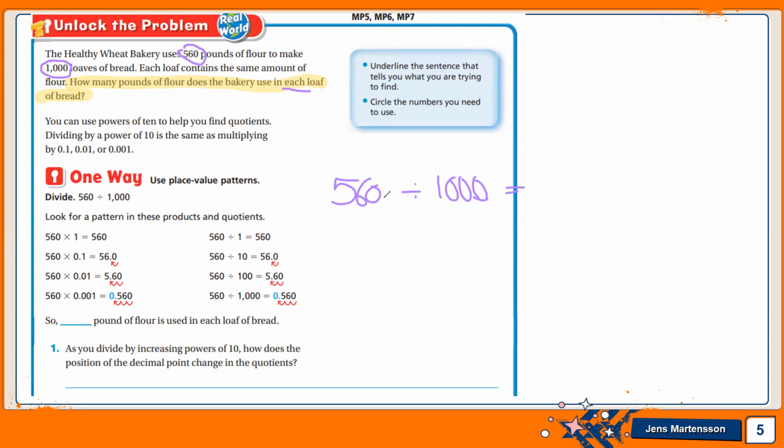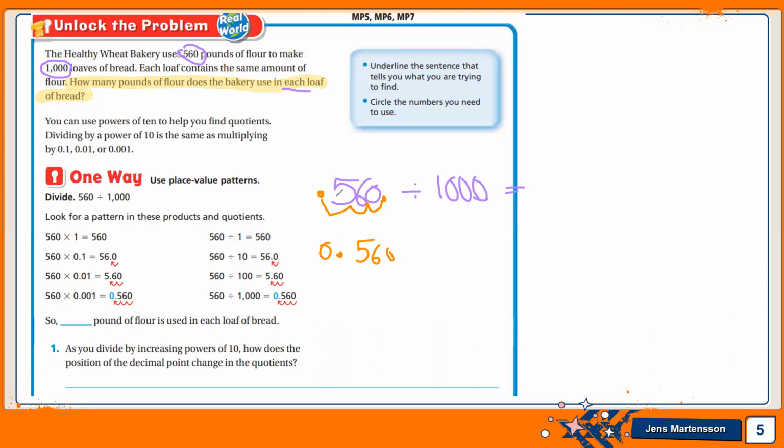So here now we have a decimal point. As I told you, it's hidden. Since here I don't have a decimal point, it is here. I have to go now 3 digits. 1, 2, 3. So the number will be 0.560 pounds.